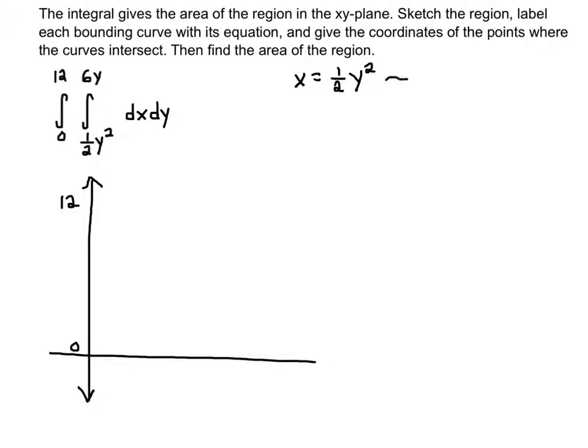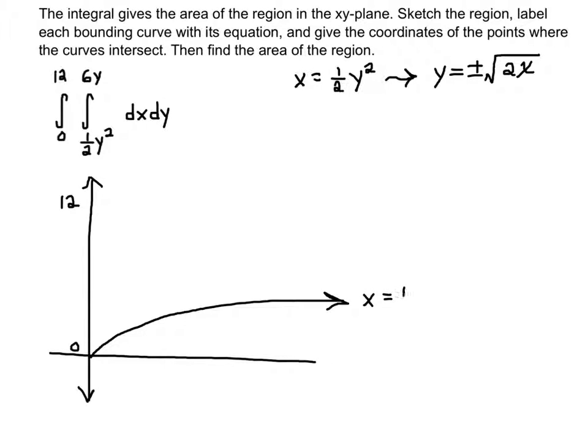Matter of fact, if we want to think about what that looks like as y is a function of x, we would multiply both sides by 2, and y is equal to, let's say plus or minus if we want, the square root of 2x. And that's going to look something like this. This is the line x is equal to 1/2 y squared.